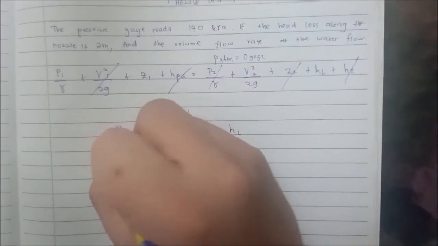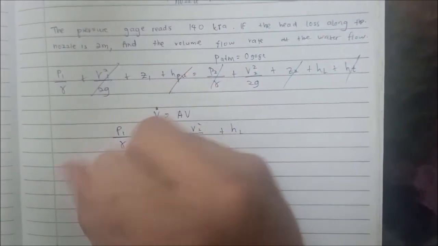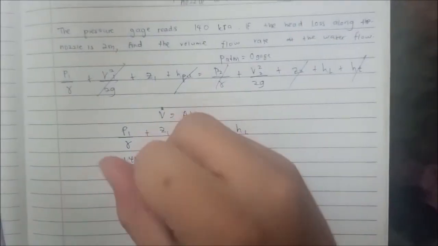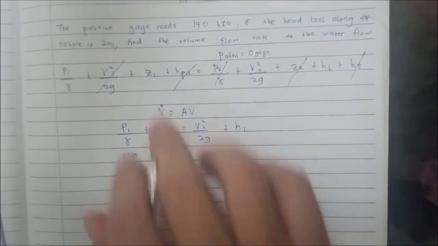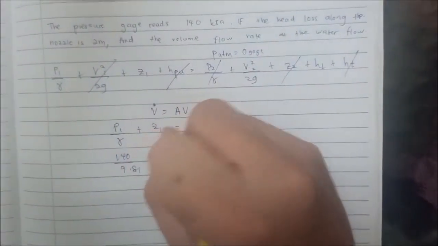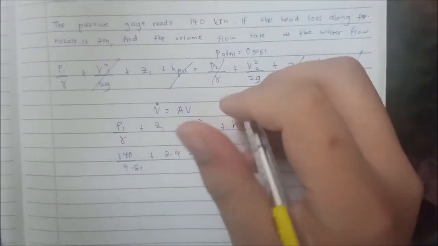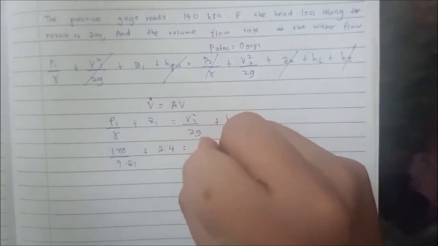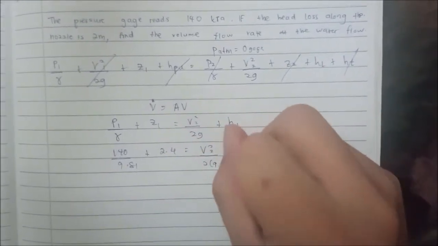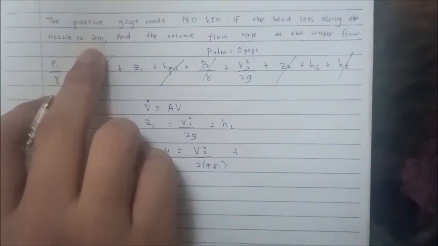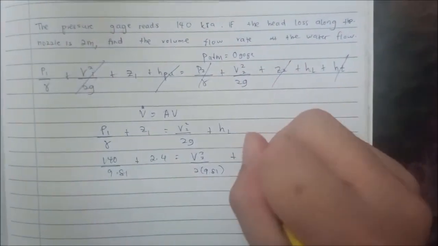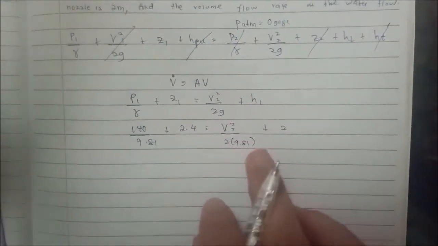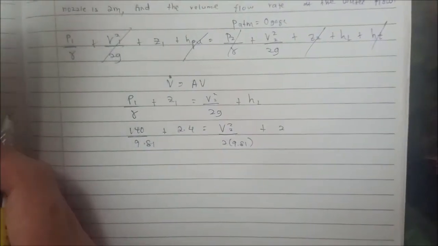So 140 kPa over, because this is water, 9.81, plus Z1, which is 2.4, equals velocity V2 squared over 2 times 9.81 plus HL, which is given as 2 meters. From this we can calculate the V2. So first we calculate the left side.